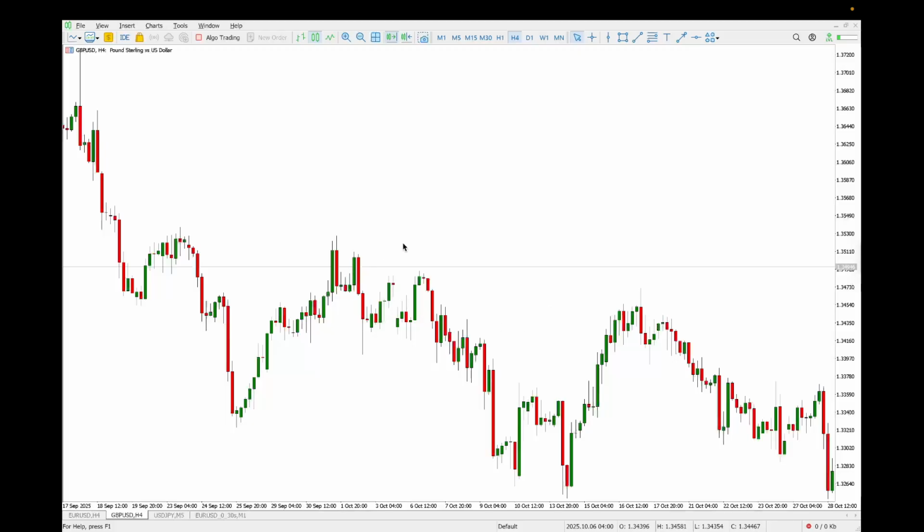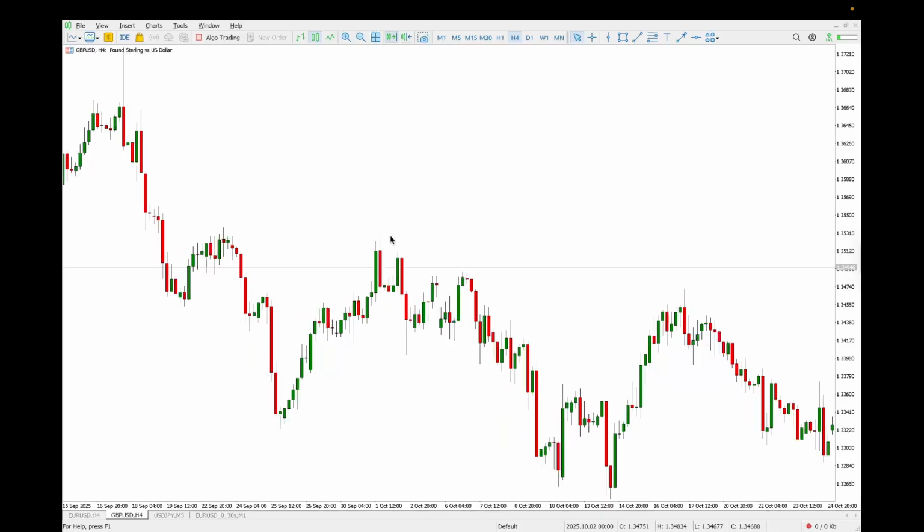On a price chart, as you can see, this is GBP/USD on the 4-hour. The ICT dealing range is drawn from a defined swing low to a swing high or vice versa, using horizontal lines at each extreme to frame the range that smart money is believed to be operating within.